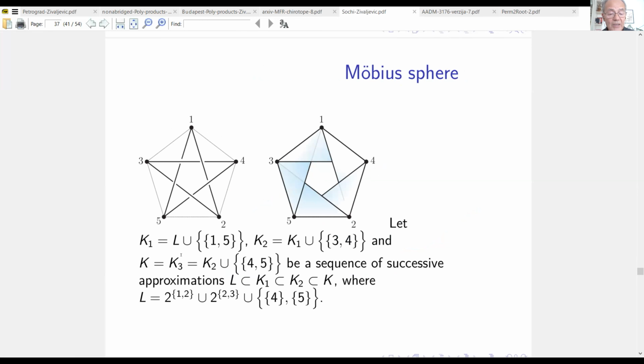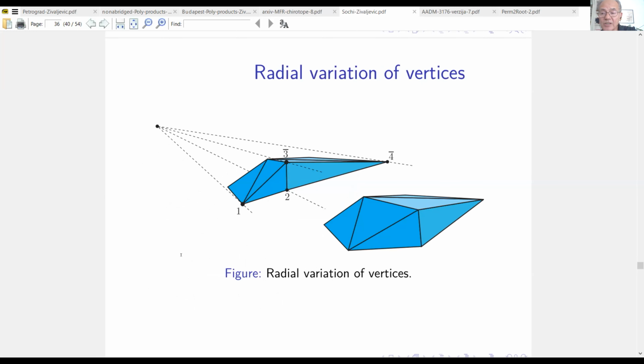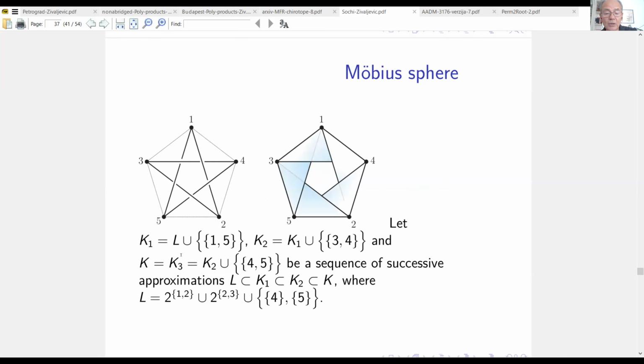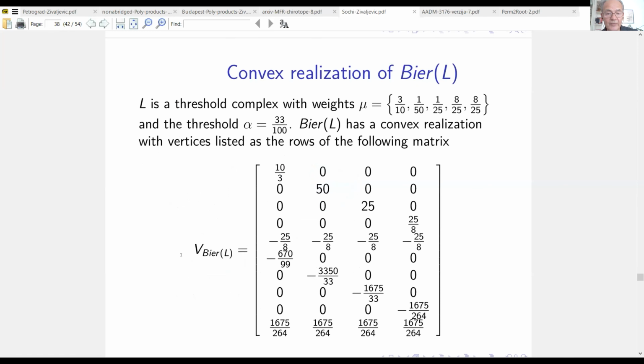So K3 is precisely the full cycle, and we want to prove that Bier of K3 is polytopal. What do we do? We apply this strategy. We go step by step, one modification at a time, and try to convexify. So our algorithm should automatically convexify.